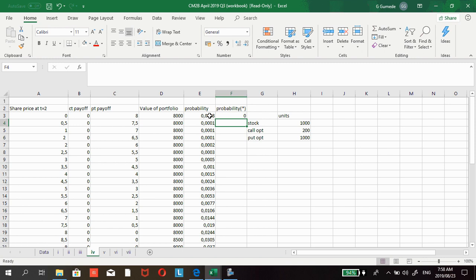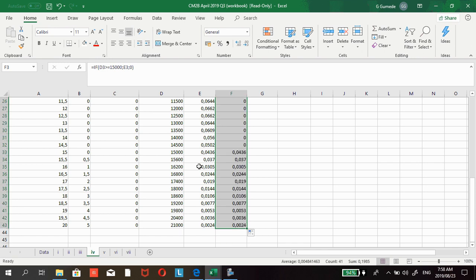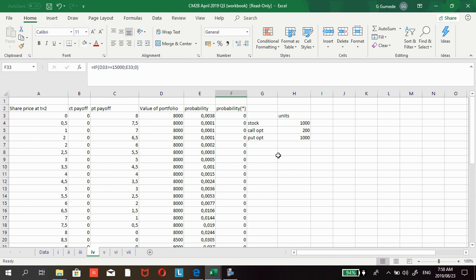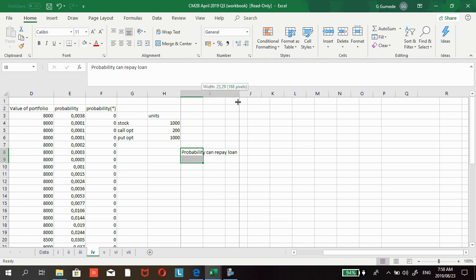Then I'm going to press enter, and I'm going to drag my formula down. As you can see here, this is where my portfolio starts being greater than 15,000, with this probability going down. So in actual fact, the probability the examiner is looking for, which they gave me a space, I'm going to take this here and extend it.